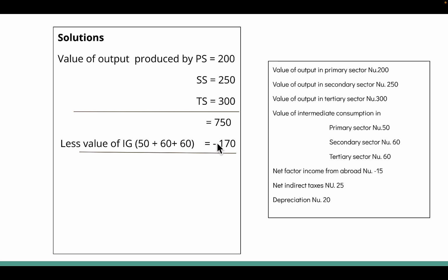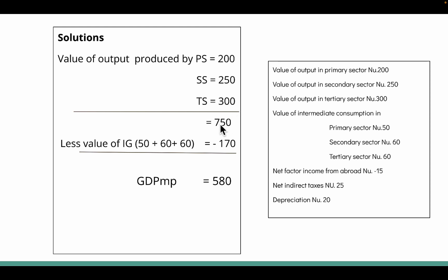So the total value of intermediate goods used in these three sectors is the sum of 50, 60 plus another 60. So the total value of intermediate goods used in these three sectors is 170. After deducting the value of intermediate goods used in the three sectors, our answer is 580.